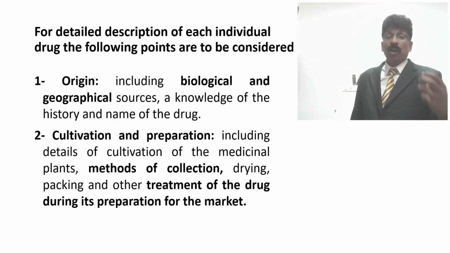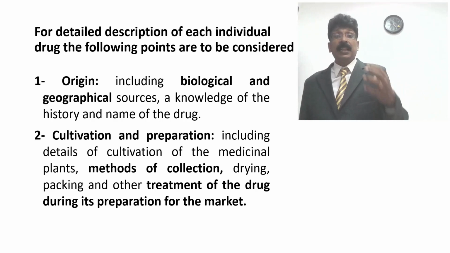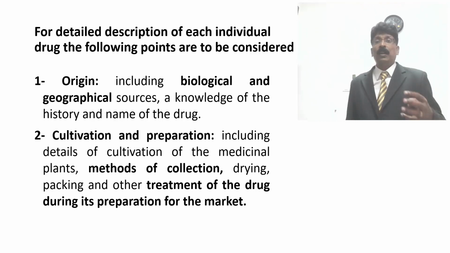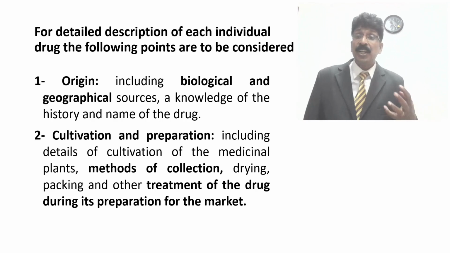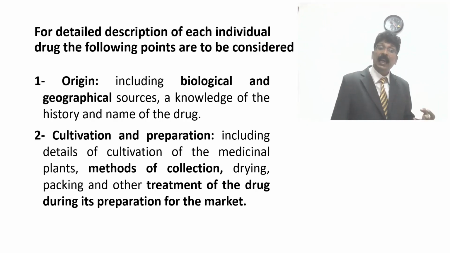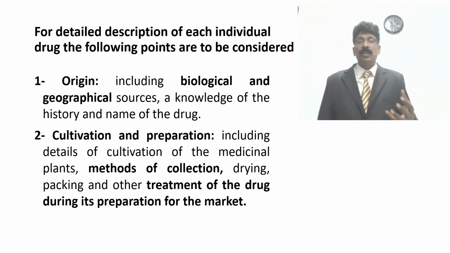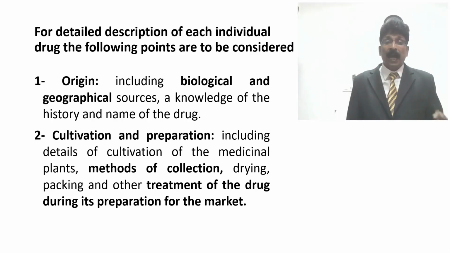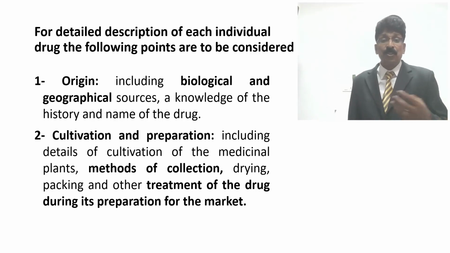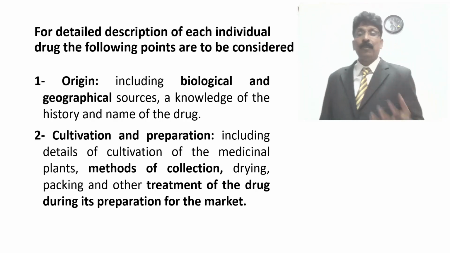So the geographical source and the history and name of the drug are important. Cultivation and preparation include details of cultivation of medicinal plants, methods of collection, drying, packing and other treatment of drugs during preparation for the market.